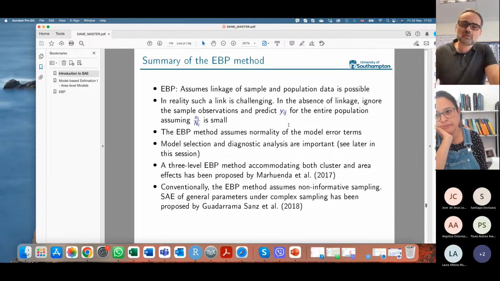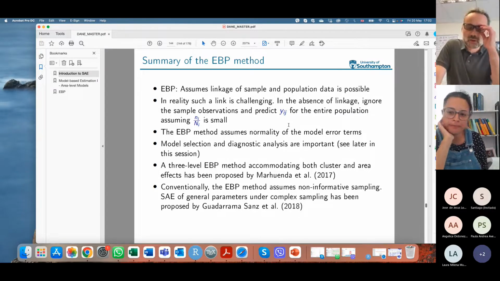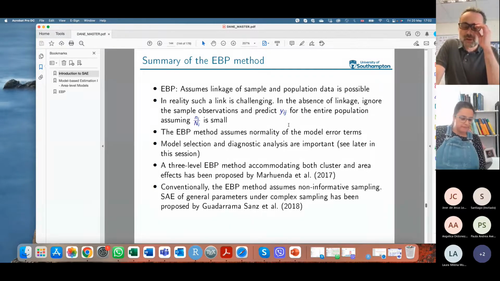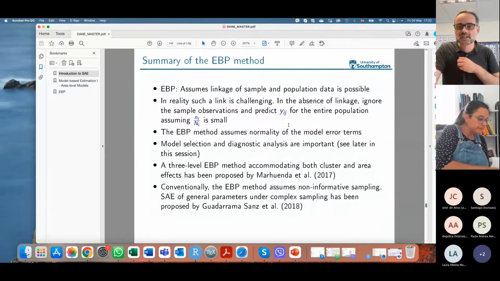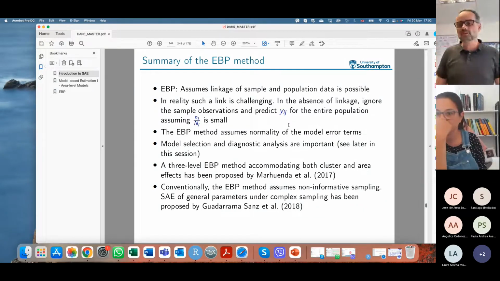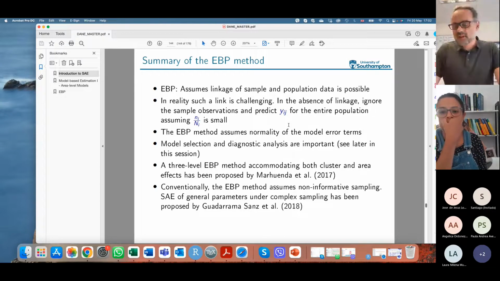Conventionally, the EBP method assumes non-informative sampling. If you want to account for some kind of complex sampling design, there is a paper by Maria Guadarrama with colleagues in Spain in 2018, where they have proposed a method that can bring in survey weights.